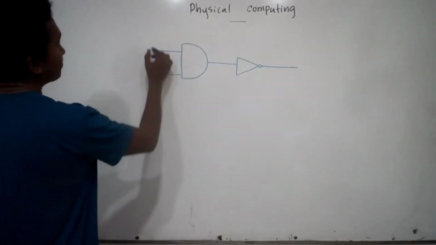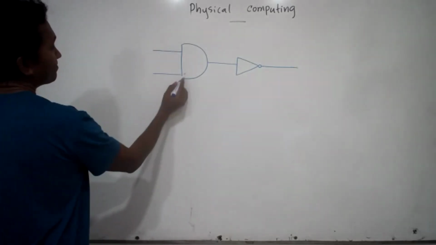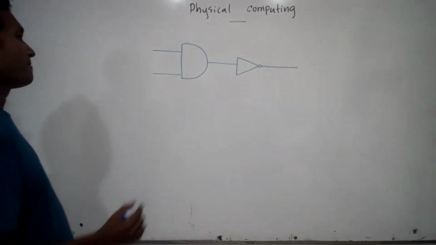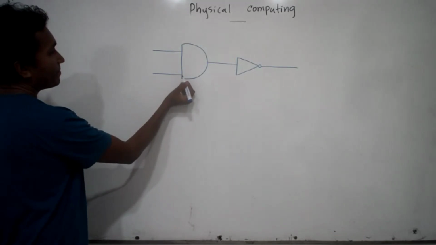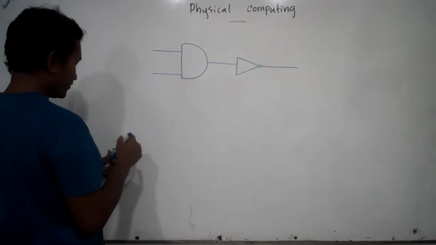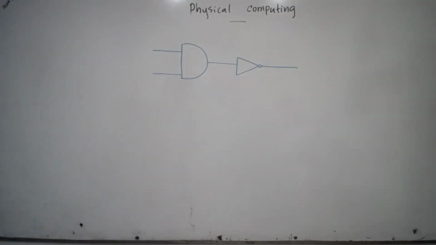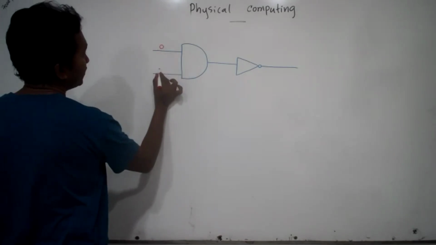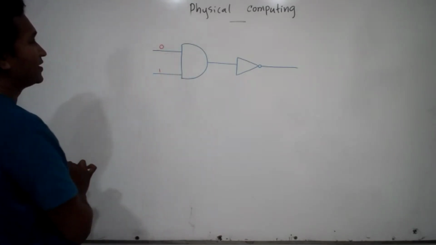In this case, I will put this as 0 and this as 1.